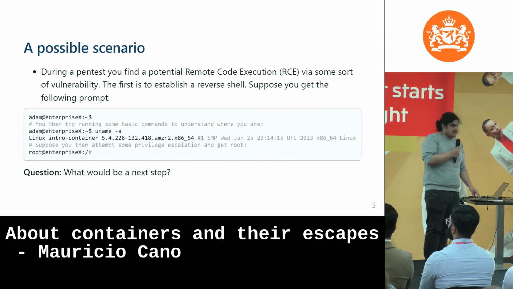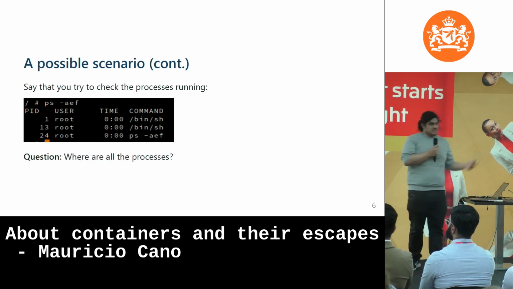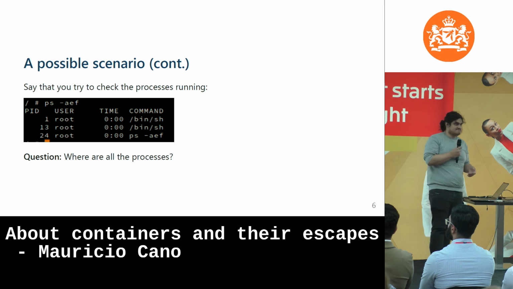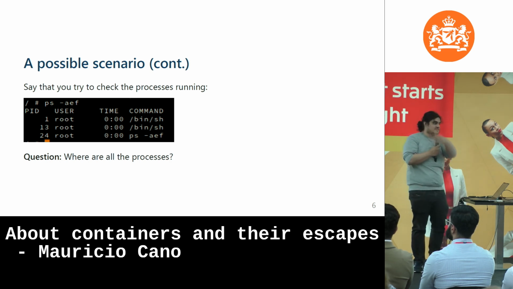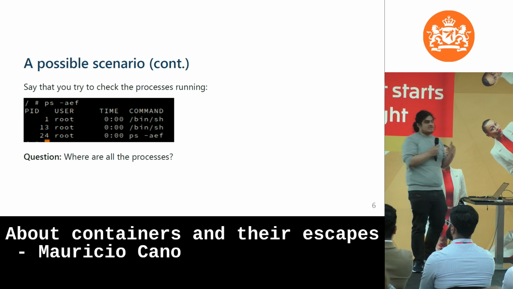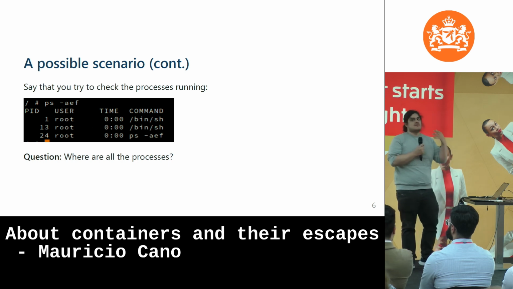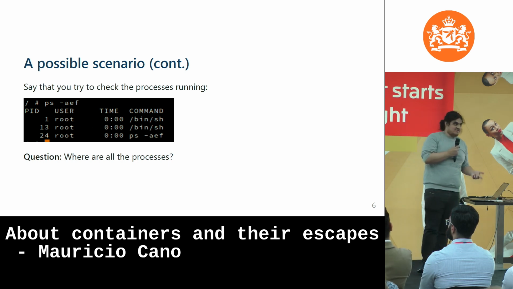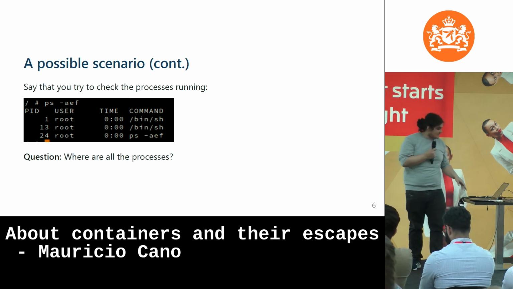Part of the enumeration you would like to do at the beginning is to check which processes are being run. Containers sometimes look like this: maybe you have some application running, some Nginx server or some other Node.js process, but not much more, which makes you think, okay, what's going on? I don't see any processes. Most computers have processes. And that's a big hint you're in a container.